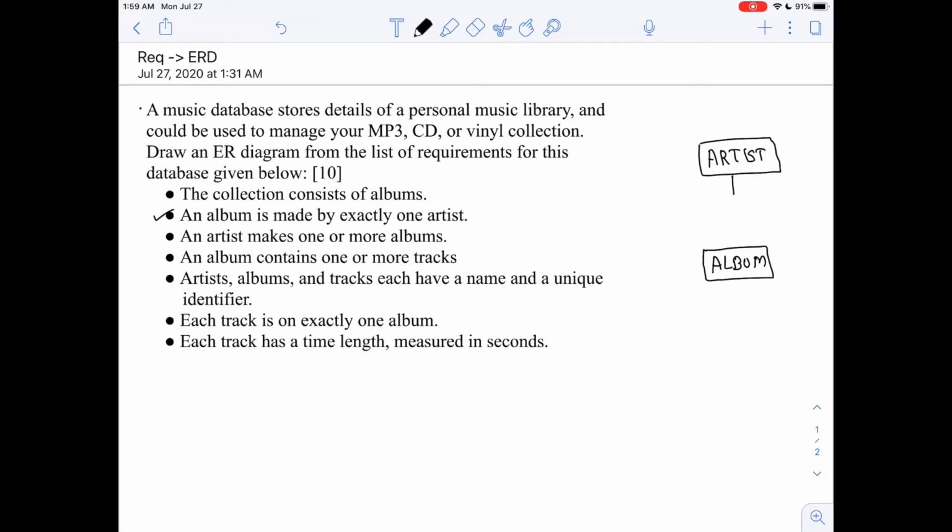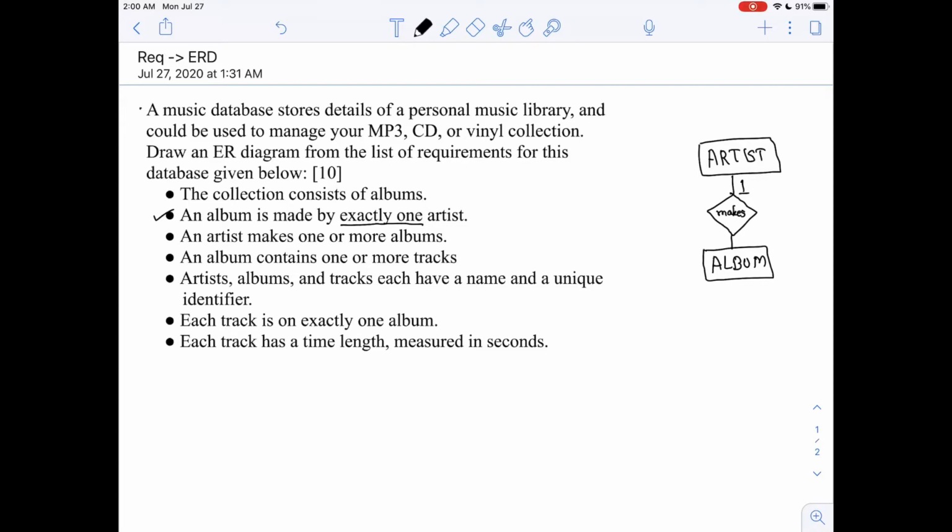So an artist makes an album, right? So the important thing to note here is that an album is made by exactly one artist. Therefore clearly this means that one artist makes an album. So in terms of relationship cardinality we must have a one here.